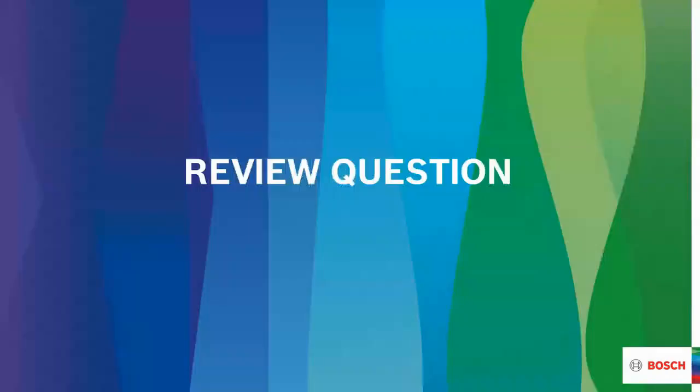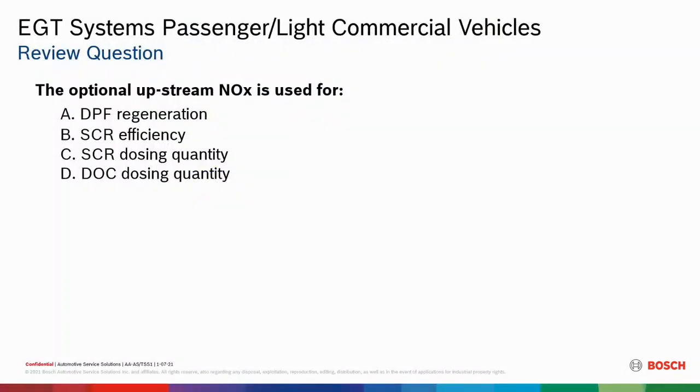Well, guess what time it is again? It's another review question for everybody. So this one here is what the optional upstream NOx sensor is used for, and there's 4 possible choices for you. Give you that in a sec.